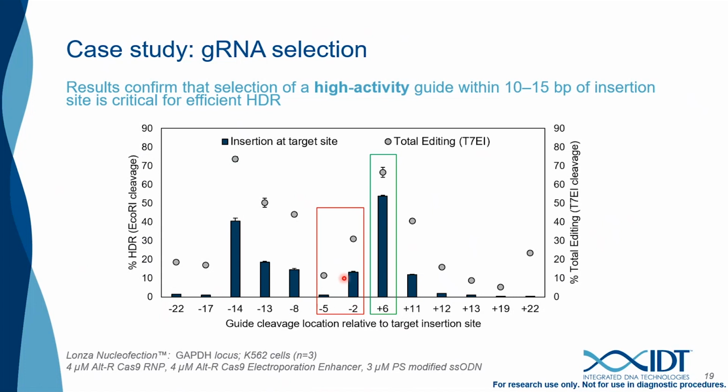And as a result, it really does limit the HDR rates. And in fact, the guide that cuts 14 bases away is actually giving us the second highest HDR rate because it is also a high efficiency guide. And so this is actually an extreme case where the editing rates are lower, but it does highlight the importance of confirming your guide activity prior to HDR experiments.